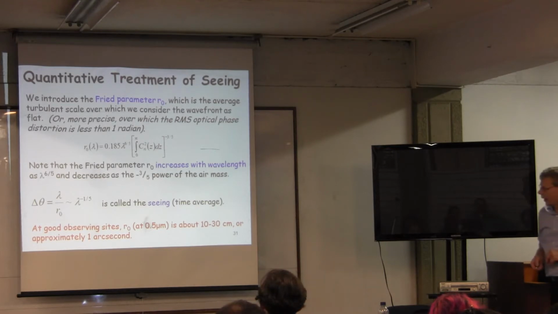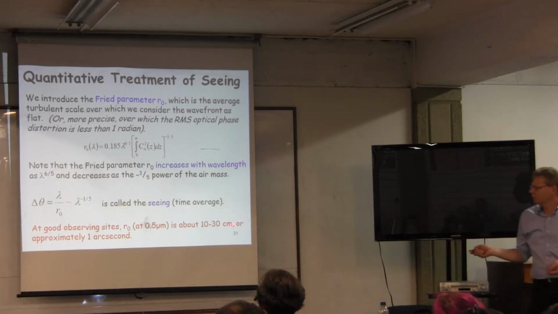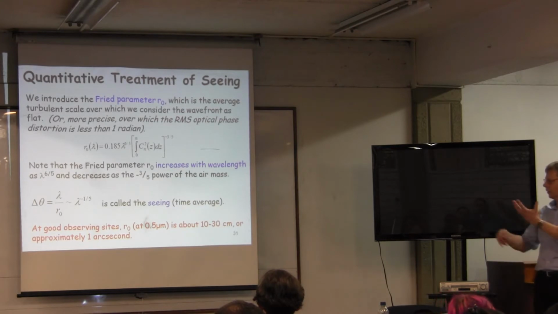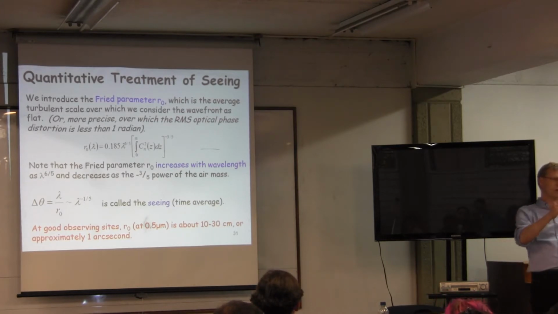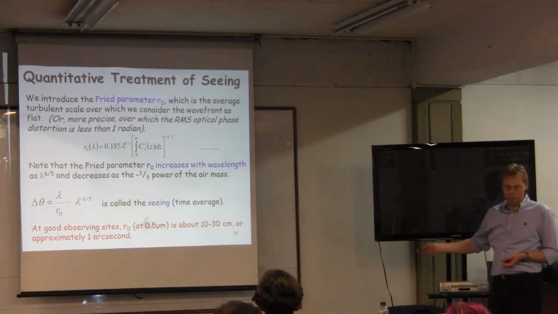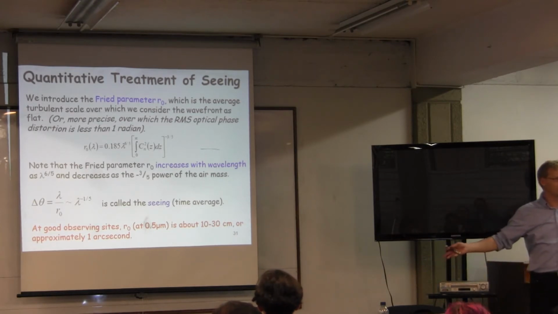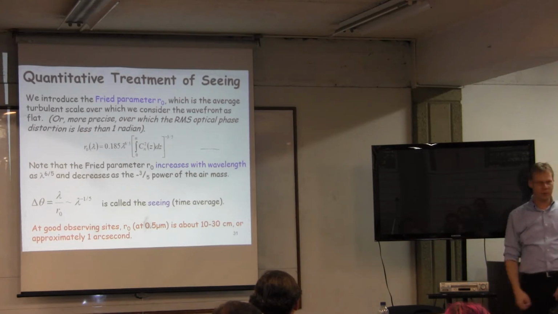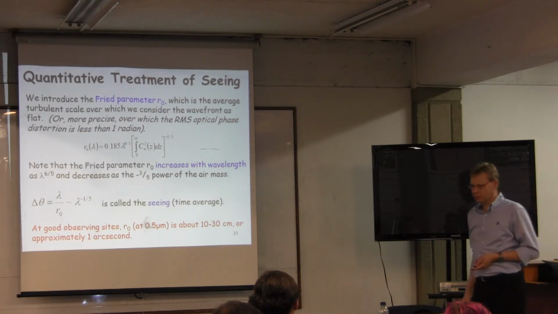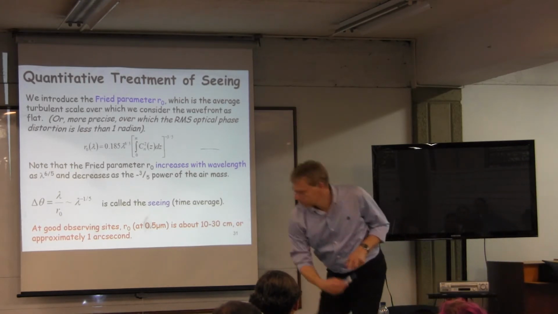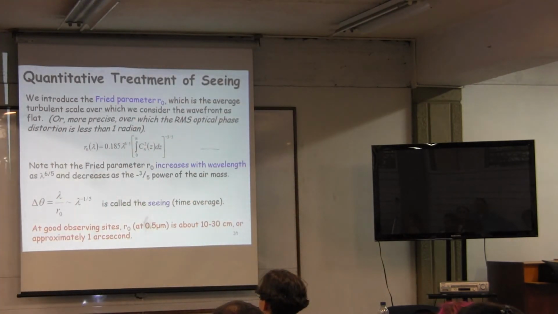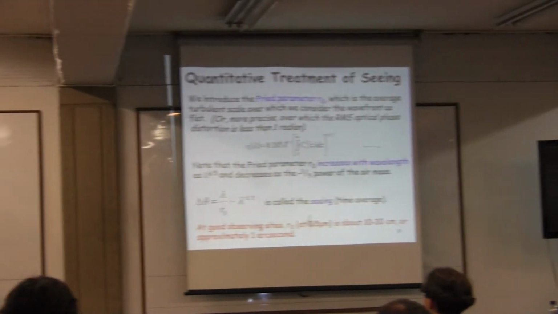To give a typical scale length at optical wavelengths, it's typically 20 to 30 centimeters, and that shows the whole problem. If you have a telescope bigger than 30 centimeters, let's say this is your wavefront.